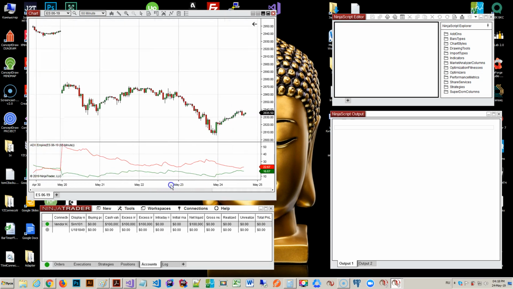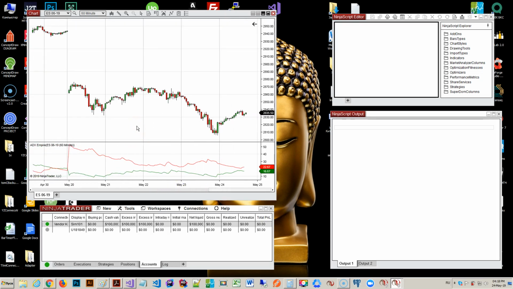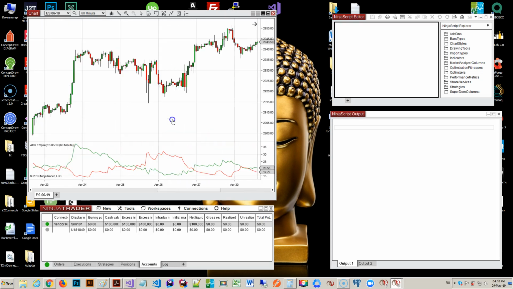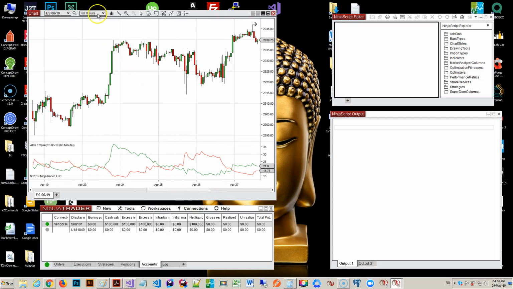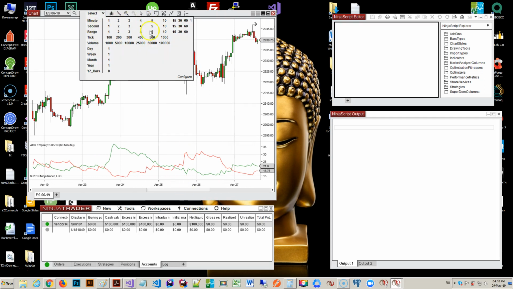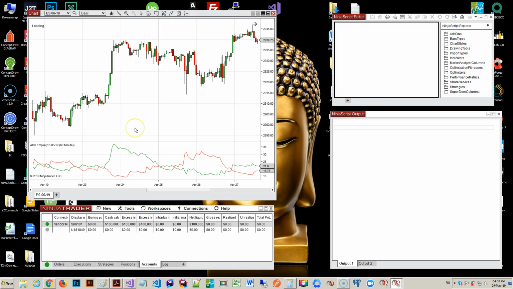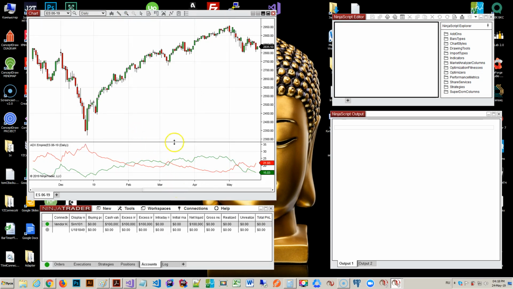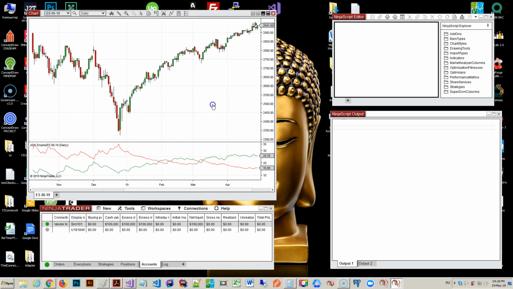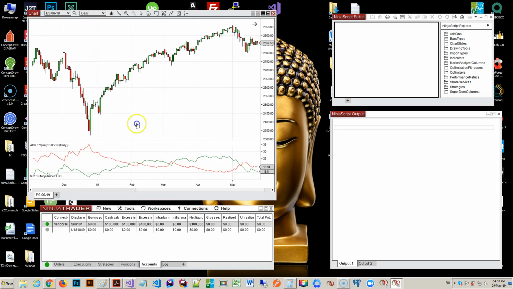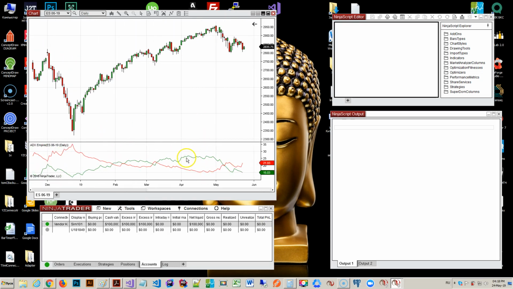You can use this in a pretty cool way. It's a pretty cool indicator to play around with, especially if you have a look at it on a daily time frame, where it's just a bit more clear. You can see how it shows divergences and stuff.